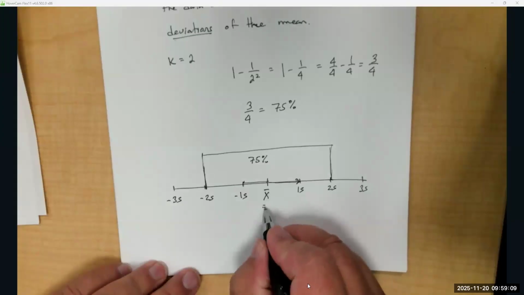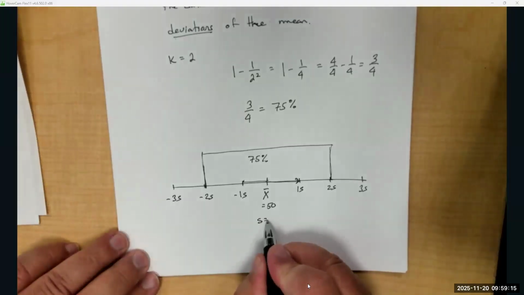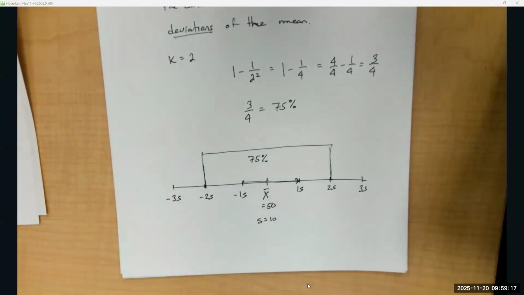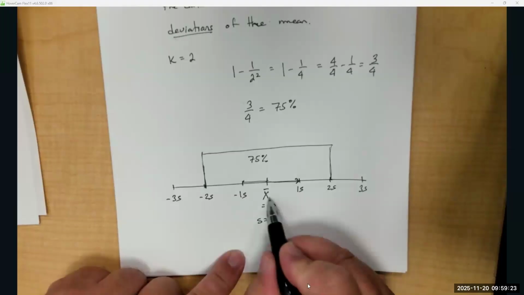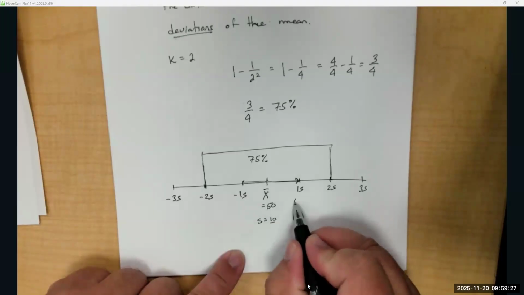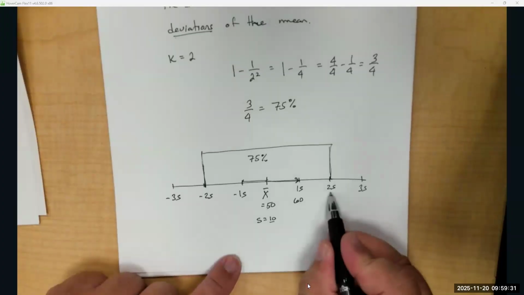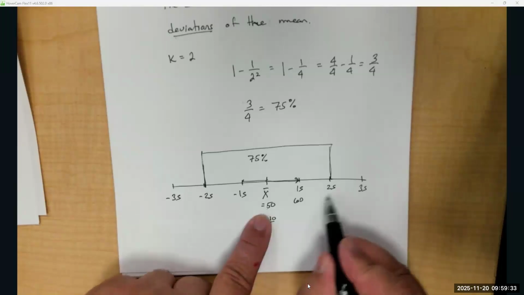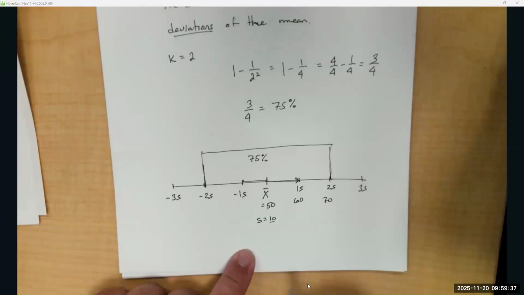Let's say your average was 50 and your standard deviation was 10. Since your mean is 50, the first standard deviation is 10 bigger than 50, which makes it what? 60. The next one is 2 standard deviations, so it's 10 plus 10, which makes it 70.